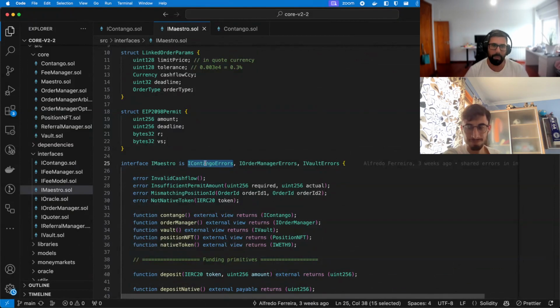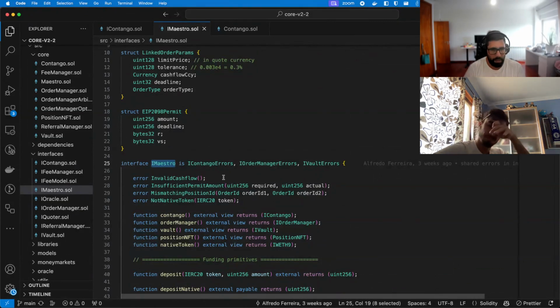So what we did is, this Maestro, it's an orchestra director, right? This Maestro will orchestrate the interactions between Contango, which is the main contract, the vault, which is where we may temporarily store user funds, we'll get to that, and the order manager, which is the entry point for automation, limit orders, and whatnot.